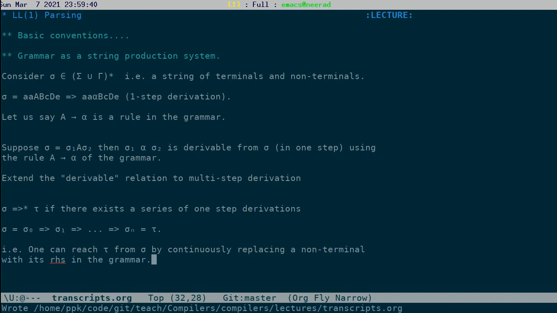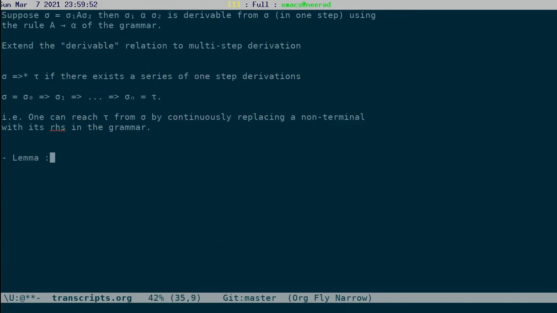Okay, that's the idea. Lemma: the string x is in the language L of G if and only if S derives x in multiple steps. So S is the start symbol.